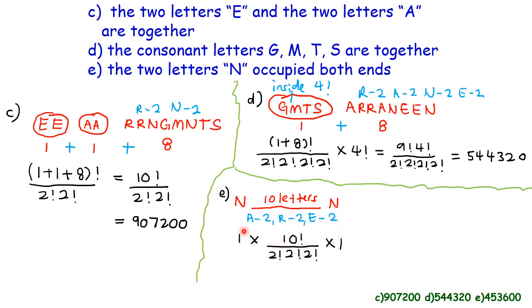So the first and last place, we consider one arrangement. In between we have 10 letters, so 10 factorial, and then divide by 2 A's, 2 R's, and 2 E's. So press your calculator and you get the answer 453,600. Okay, for the last question.